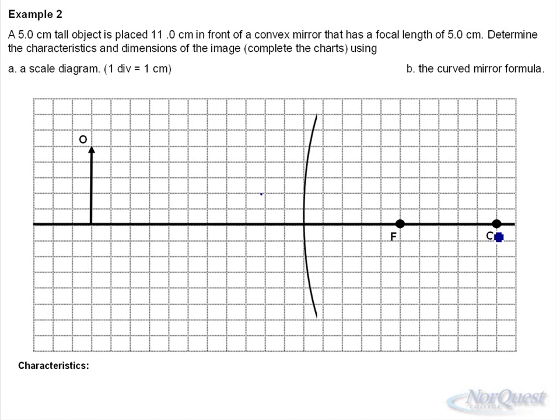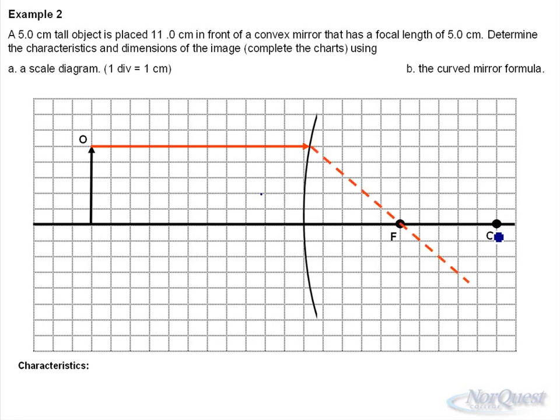And when we draw our first ray, again, I always start with the one that's parallel, but this will reflect off, but it's not going to reflect off through the focal point. We have to look at it as looking like it comes from the focal point.